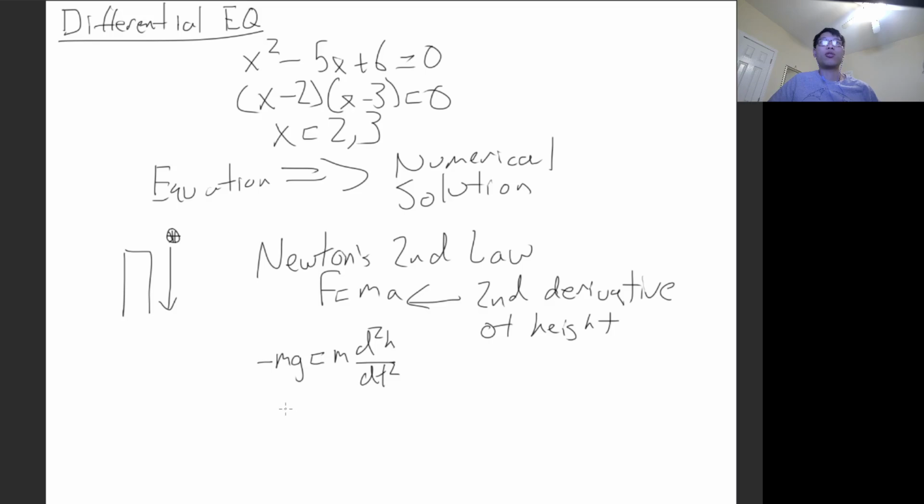We know our antiderivatives for power rule, so that'll give us the solution. The solution h of t is negative g over 2 t squared plus c1t plus c2.